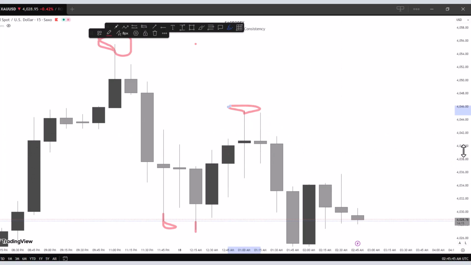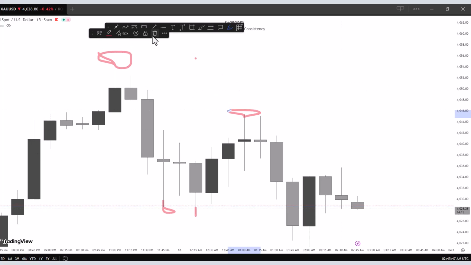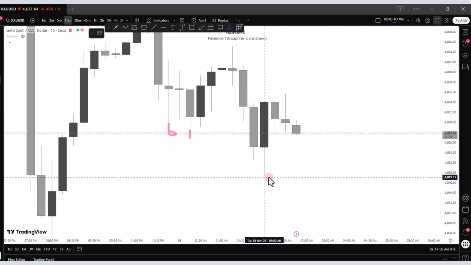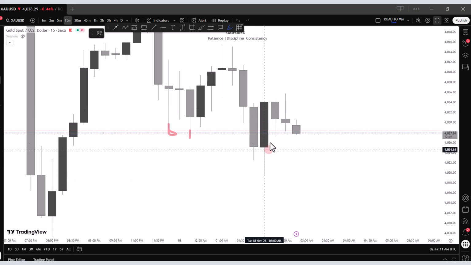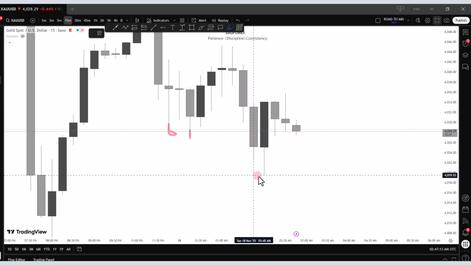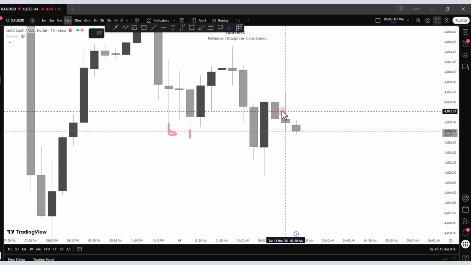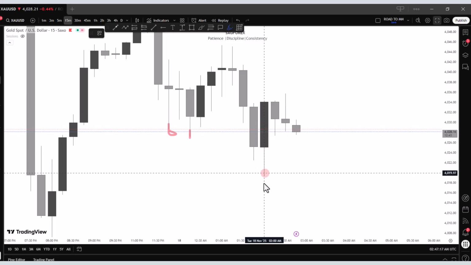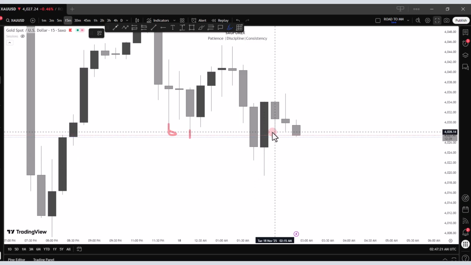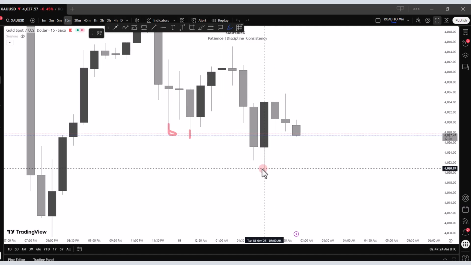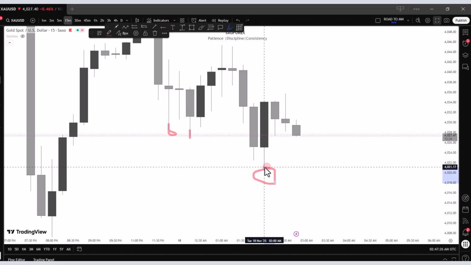When we come down, if you consider this candle, you realize that it has a wick, the black one over here, which is lower than this particular one and this particular one. So this one qualifies to be called a swing low.